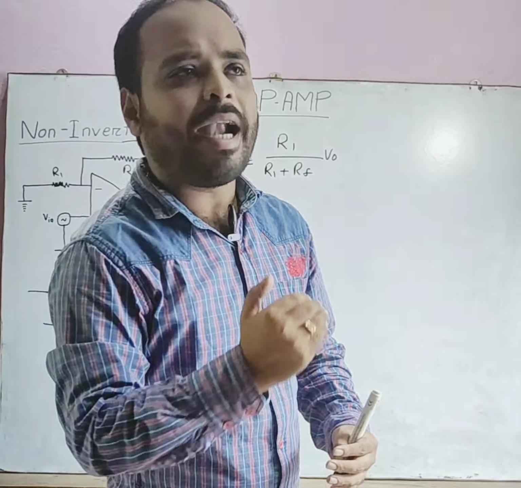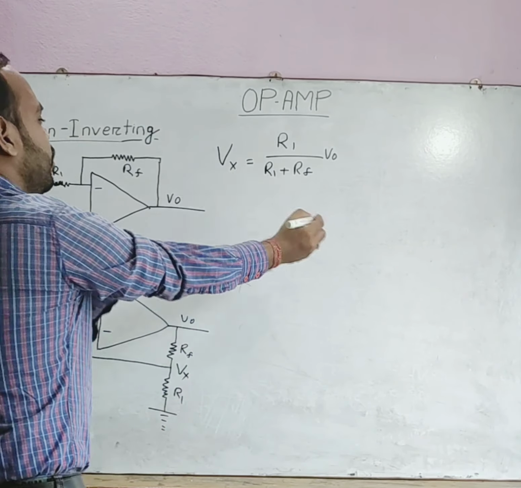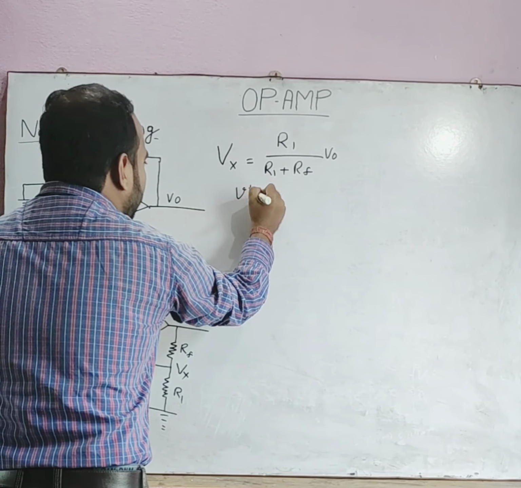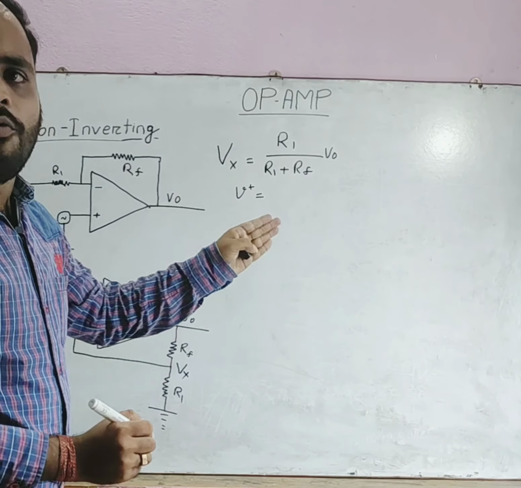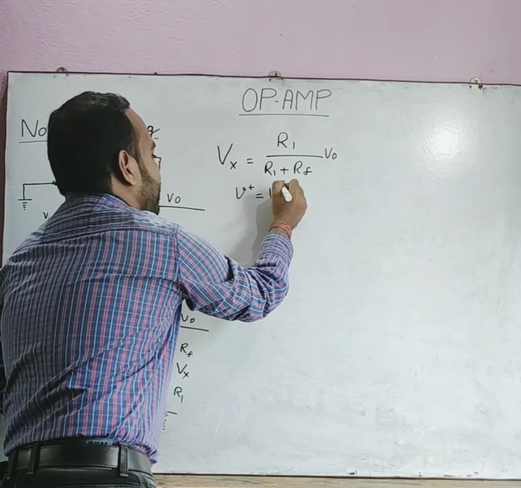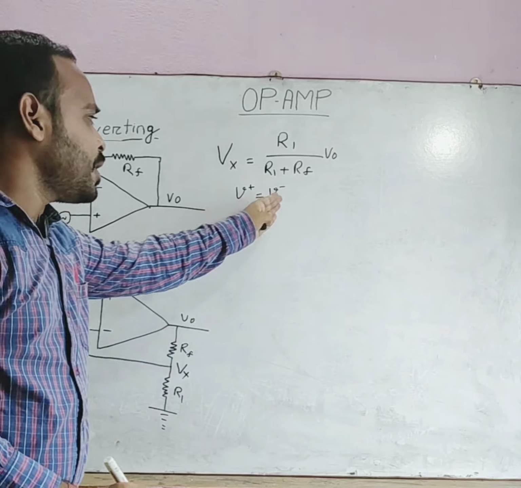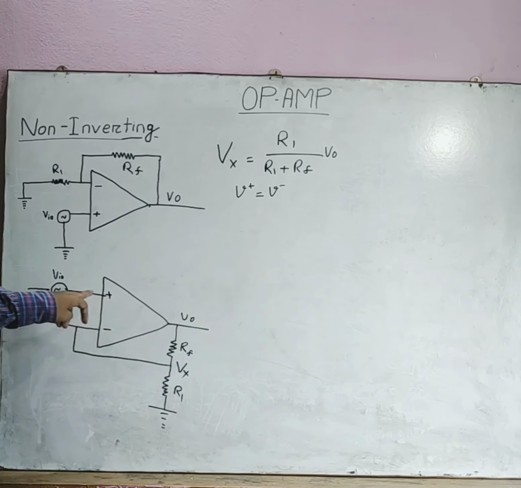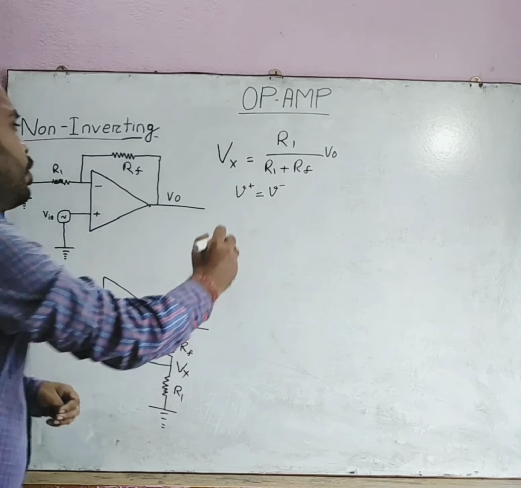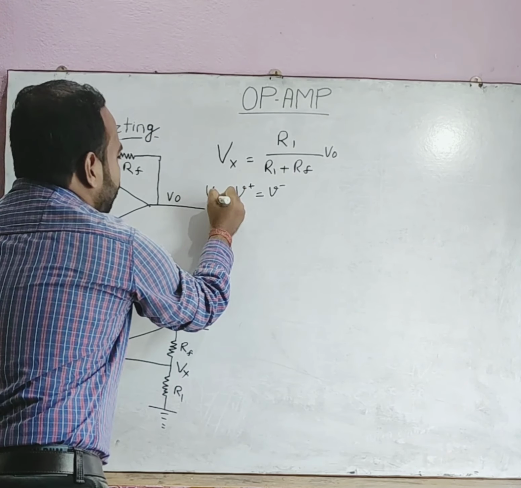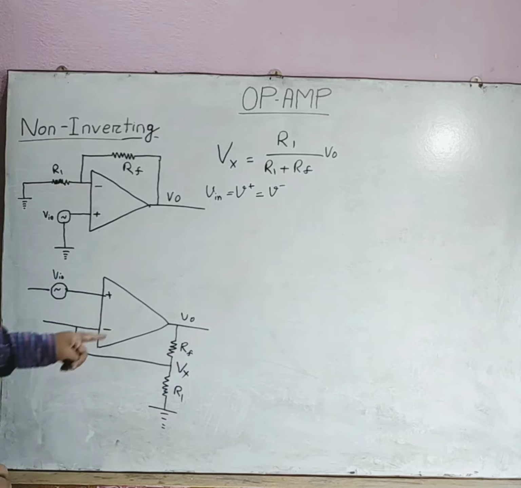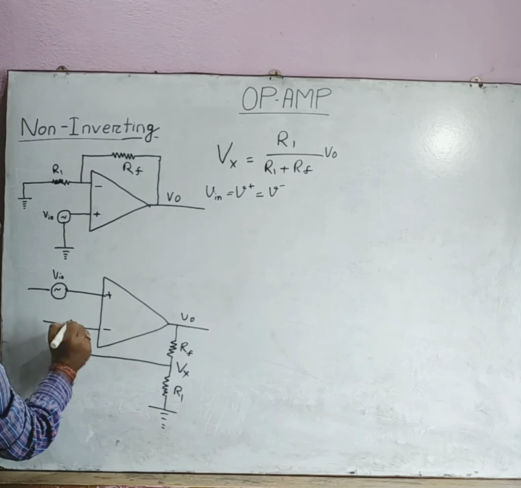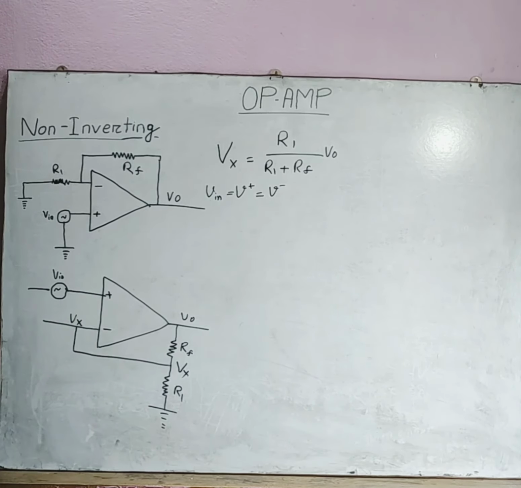And we know that in the virtual ground condition, the voltage at the plus terminal, V plus, will be equal to V minus. And V plus is what? V input. So V plus equals V input, and our V minus at this point is also equal to Vx.